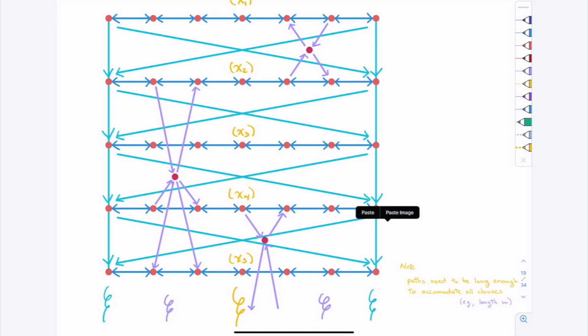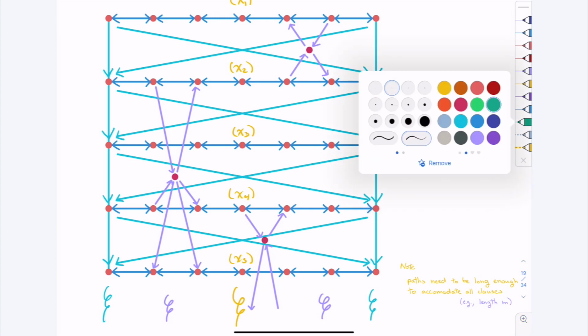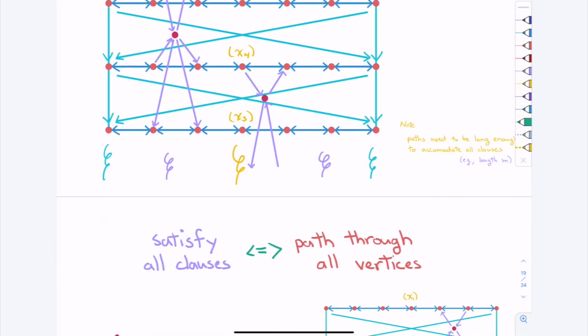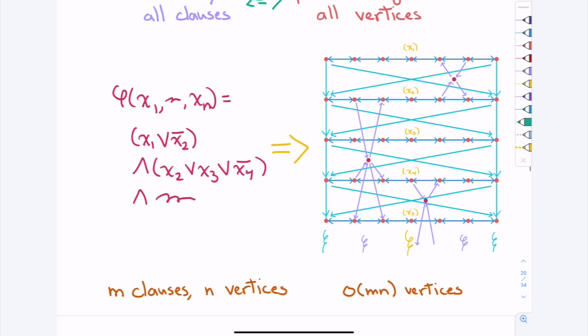If I leave a little padding in between the purple lines, extra vertices in the middle, that makes it impossible to cheat. I can't jump into a clause, jump out onto another variable, and find my way back. Okay, so that's the whole proof.